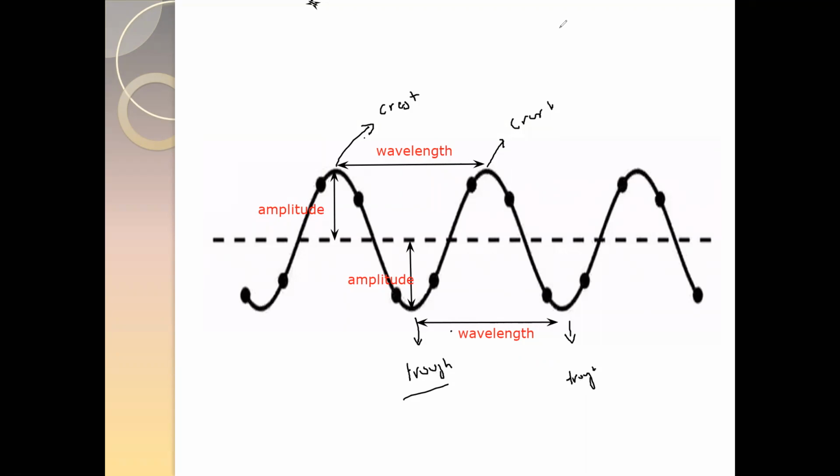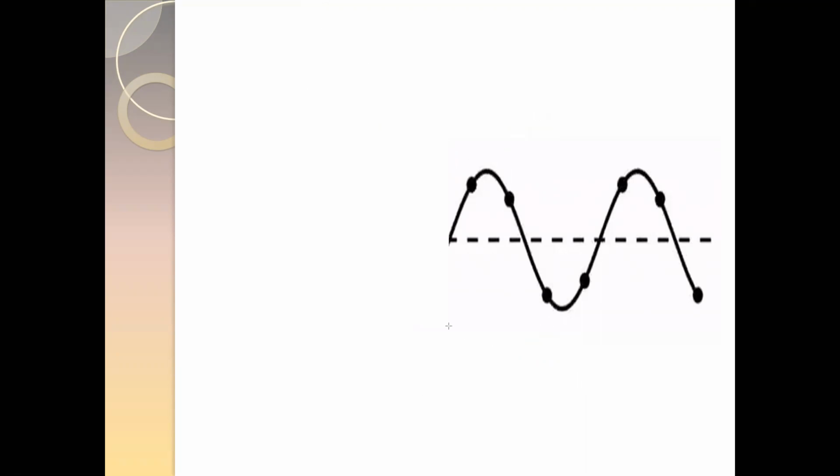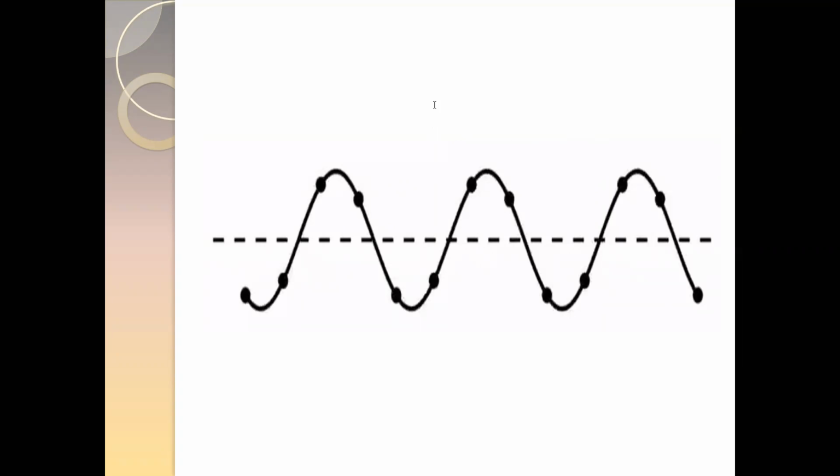And we can also take the length of one wave, like one complete crest and one complete trough. This length is also known as wavelength. So wavelength is a distance between two successive crests, two successive troughs, or the length of one complete wave. So how many wavelengths?